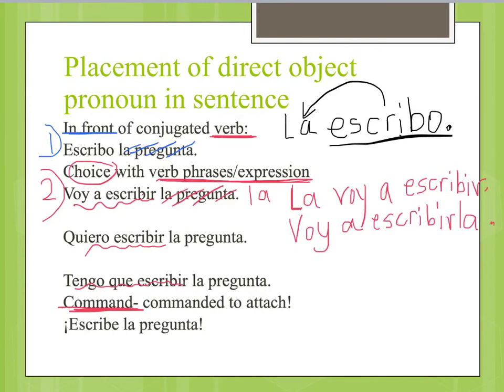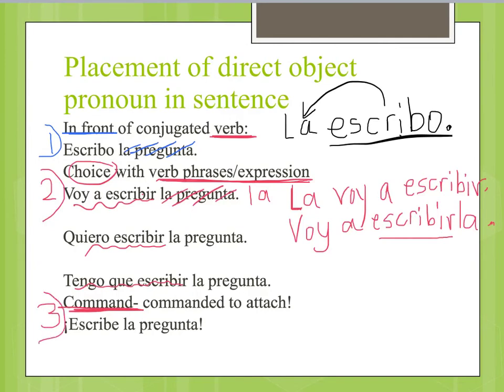And I know that gives you trouble sometimes when you're reading, because all of a sudden now the word doesn't quite look like what you expected. But what you should start to recognize is the infinitive is still there. It just has a direct object pronoun attached to the end. Okay, and then the third situation that you might possibly be dealing with in a sentence would be some sort of command verb form.